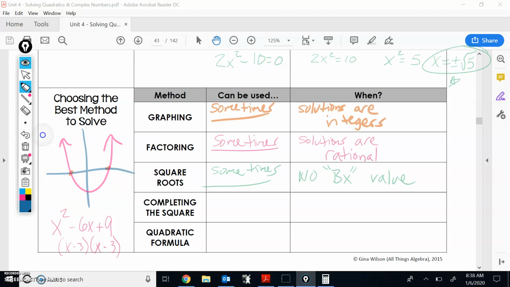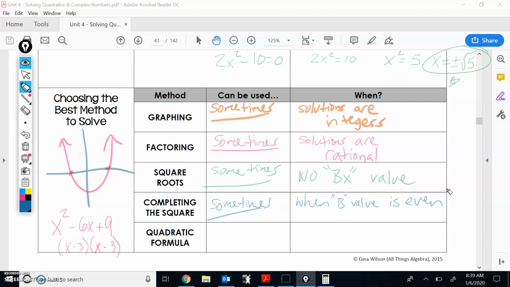The next one is called completing the square. We did a lot of that. You can also do it sometimes. It's best used when your b value is even, because if it's not even, you're going to have to take half of b and square it and add it to both sides.